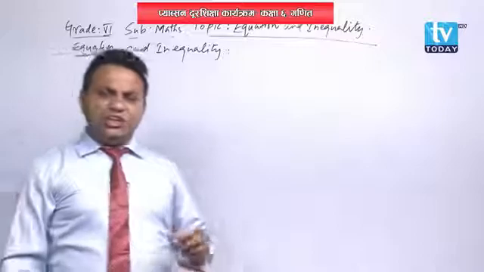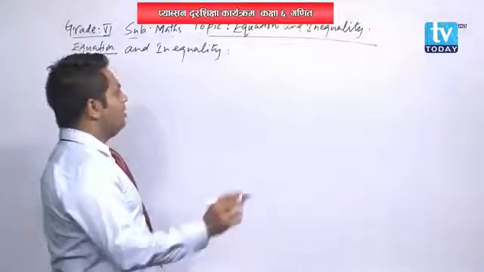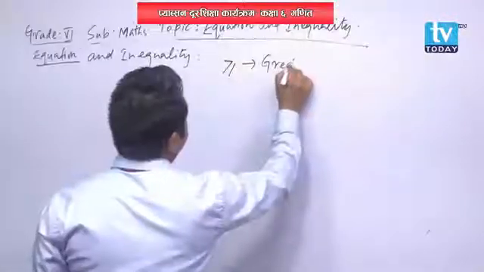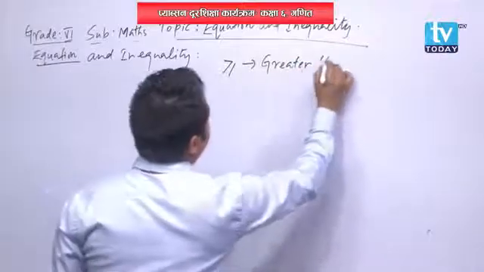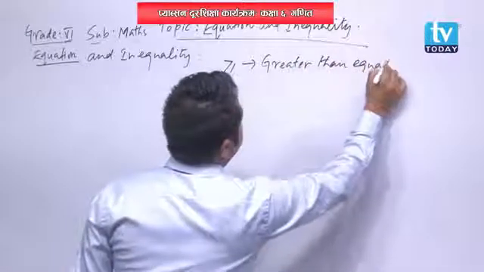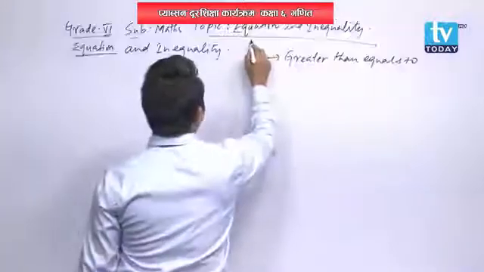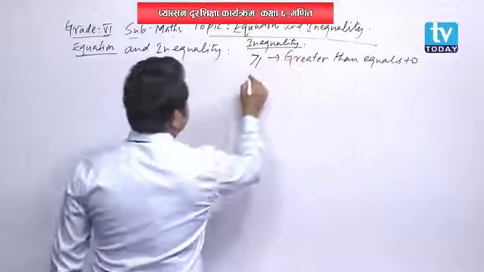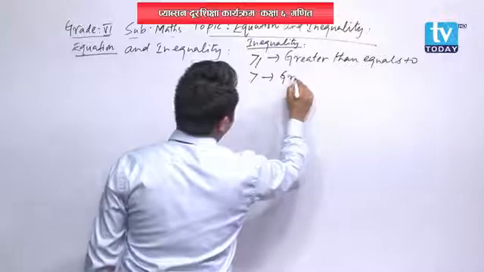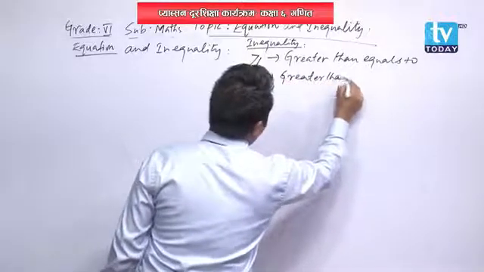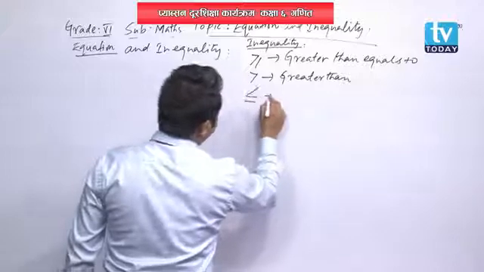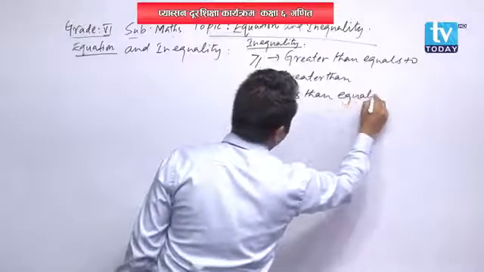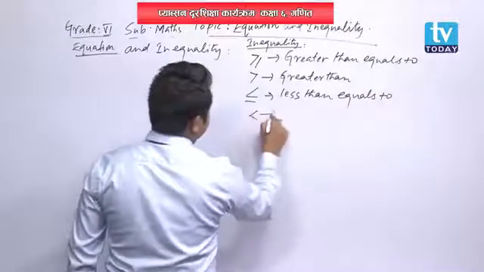Inequality means generally we use four symbols like these: greater than or equal to, greater than only, less than or equal to, and less than.